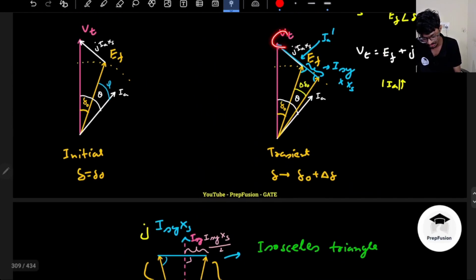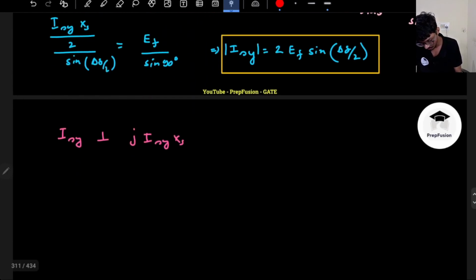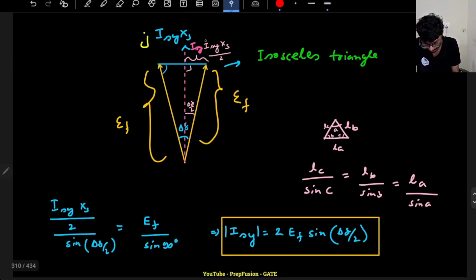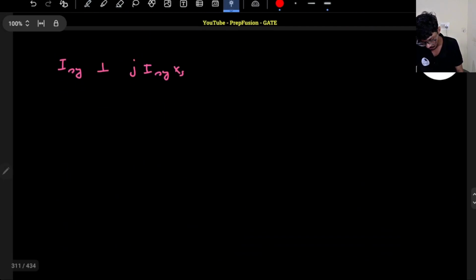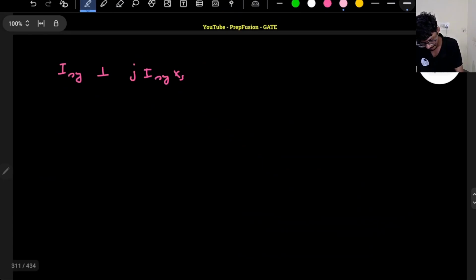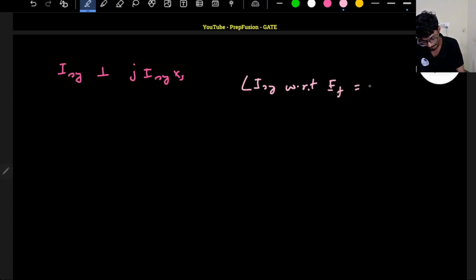So I'll explain: the ISY angle with respect to EF is minus delta by 2 because this much angle is delta by 2 and it is lagging. So the angle of ISY with respect to EF will be minus delta by 2.